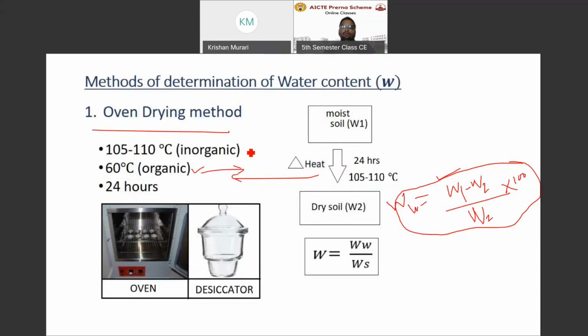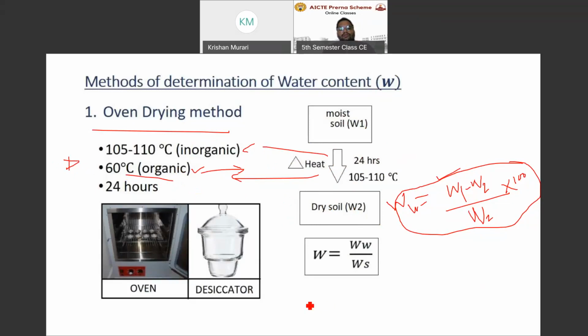If you find the value for inorganic soil by oven drying, the temperature to be maintained is 105 to 110 degrees Celsius. For organic soil, the temperature to be maintained is 60 degrees; in no case should the temperature be greater than 60 degrees for organic soil.